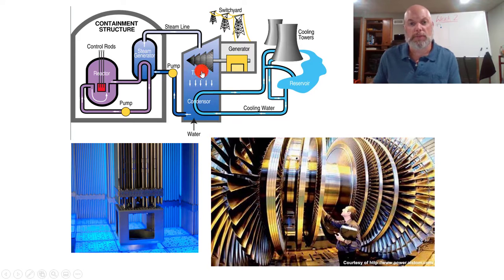If you get something spinning, you can run it through the generator there and generate electricity. So it's really just a very modern steam engine, right? And it's carbon free. Okay, so what we're doing, we're converting the energy inside the atom into steam and then into electricity, right?